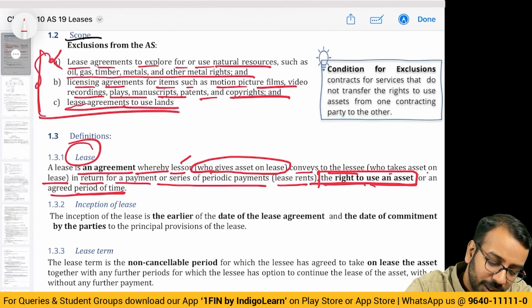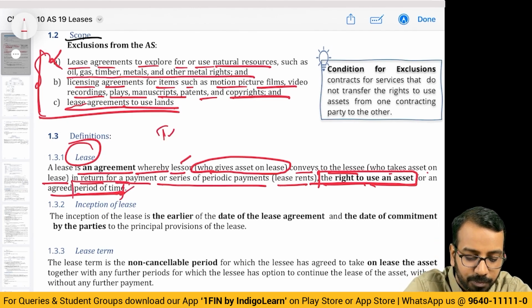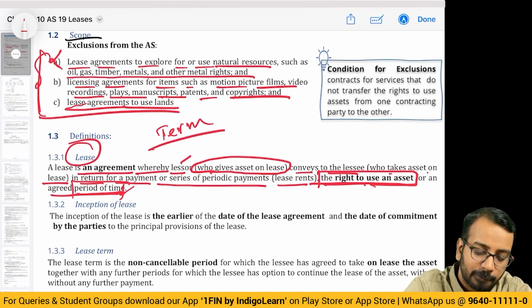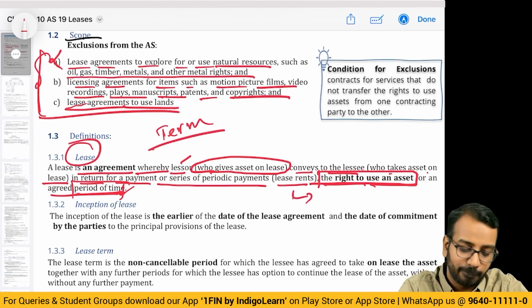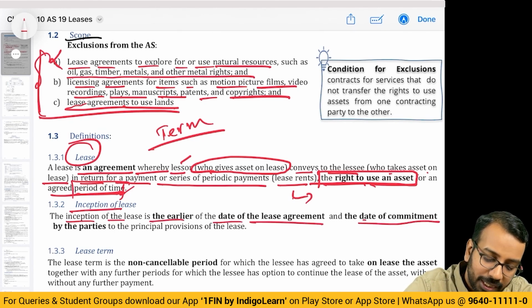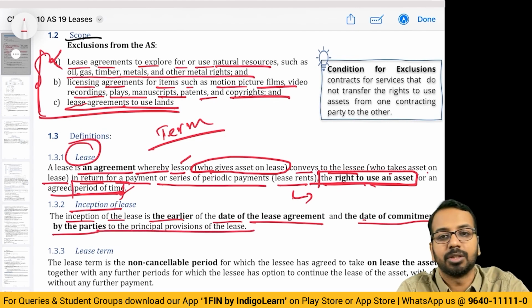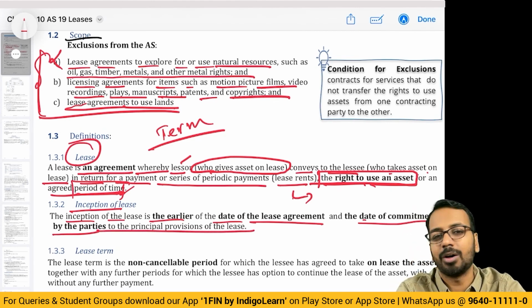And there is an agreed period of time. So the term will be given to you in the question. The lease rentals will either be given to you in the question or you have to derive them. Then, inception of lease. Inception of the lease is the earlier of the date of the agreement or the date of commitment to the principal provisions. For example, I want to take an office space on rent.